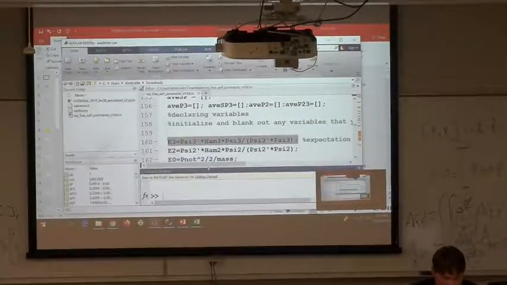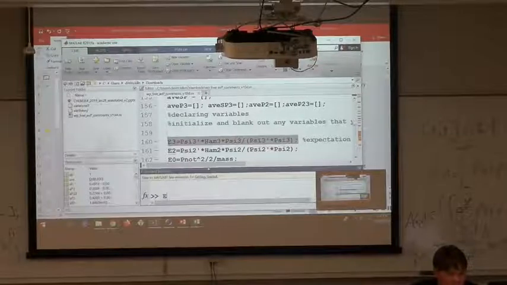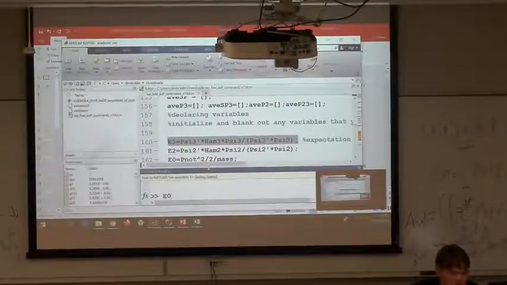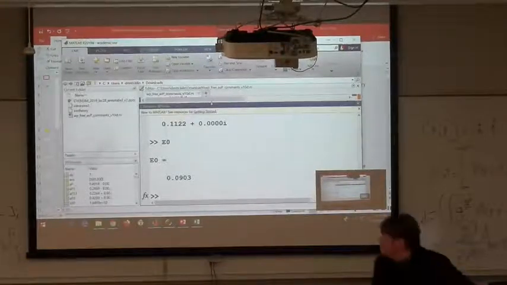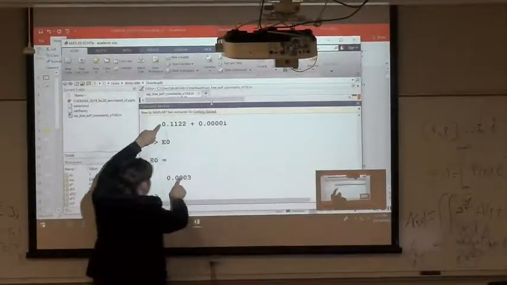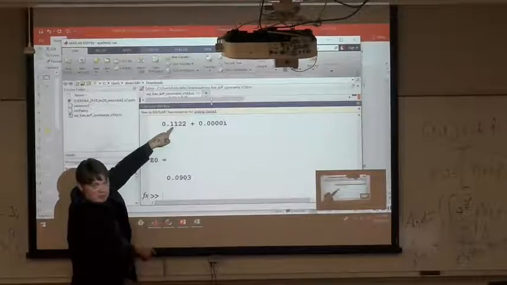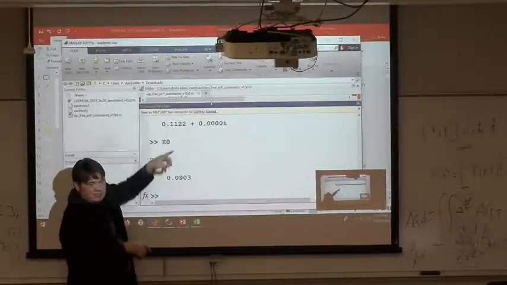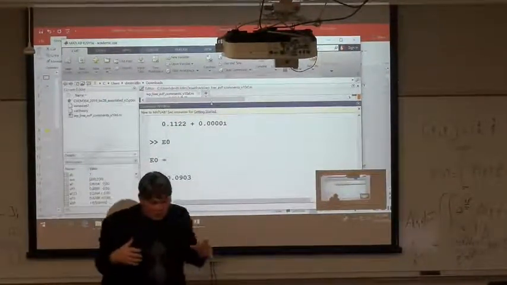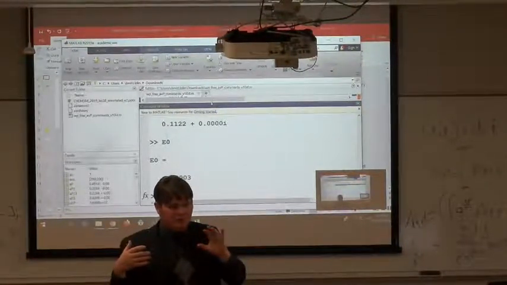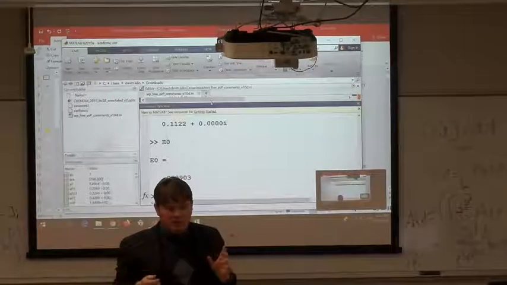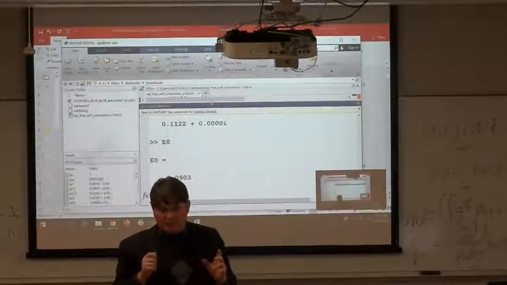We may check how it differs from P0 squared over 2 mass. The difference between these two numbers: one is defined as the quantum approach to compute energy, row, operator, column. Another one is just the classical value of momentum squared.